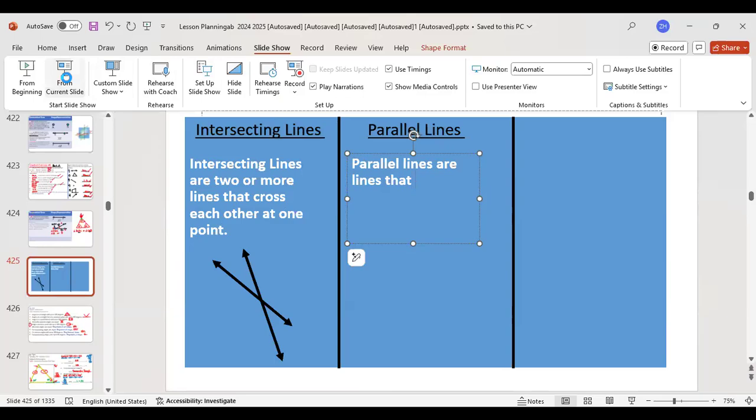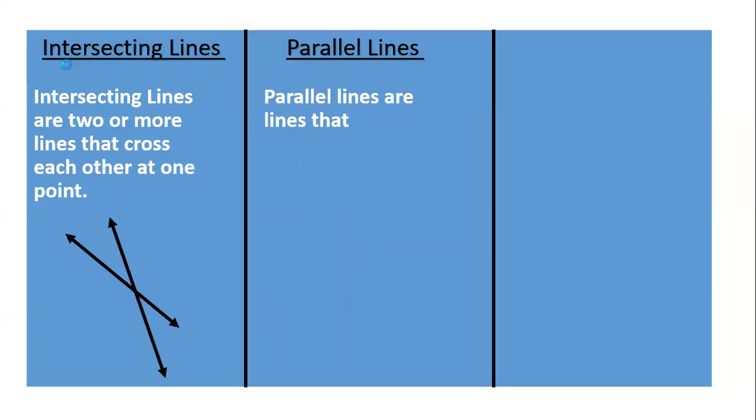Let me ask the question. If it's a line, will it be straight? Yes, it will be straight. So you can't say parallel lines are lines that are straight. Lines are straight by definition.